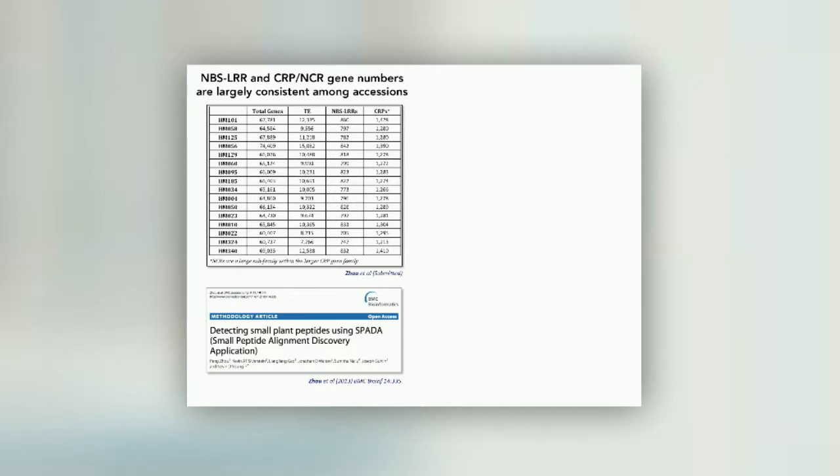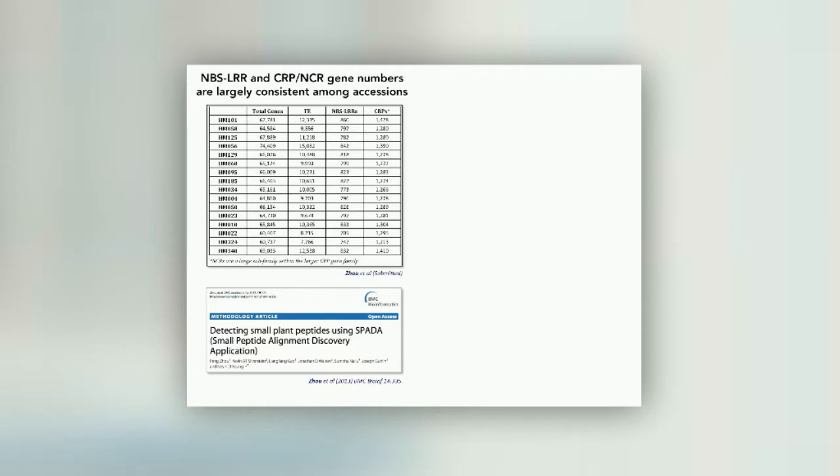And so one of the things you can see is that all the way across these different Medicago genomes, for example, the number of NBS-LRRs doesn't change at all, or changes very little. It goes from 700 to 860. So at least within the Medicago truncatula species, the number of NBS-LRRs doesn't change very much.